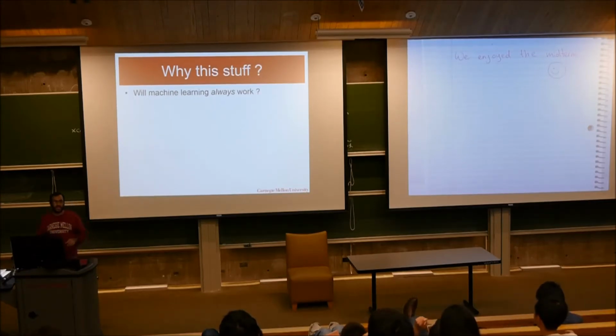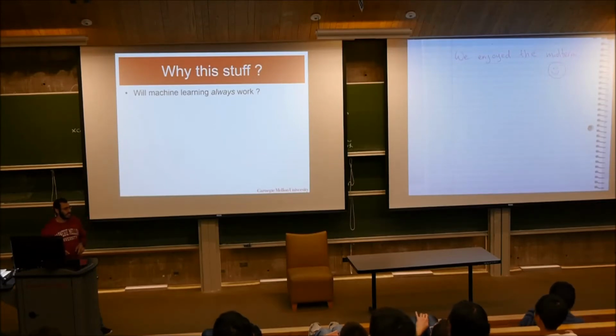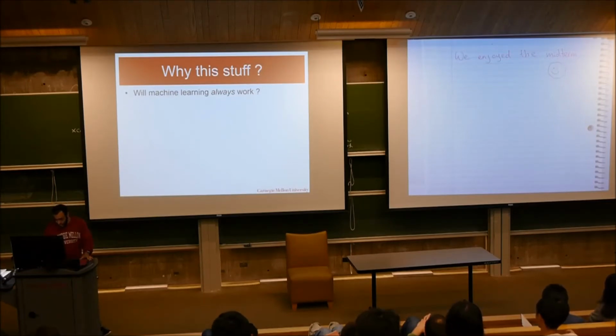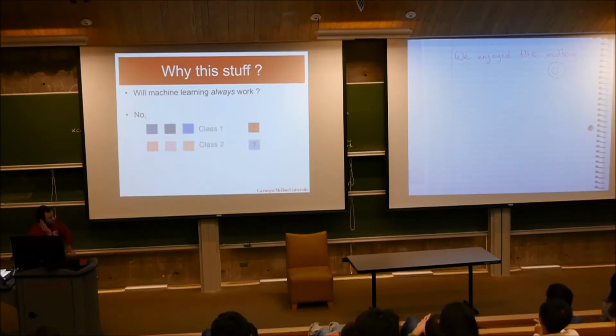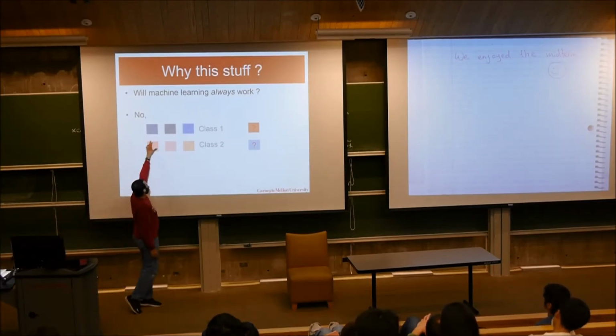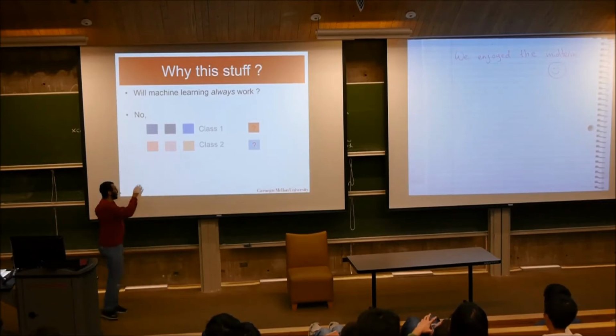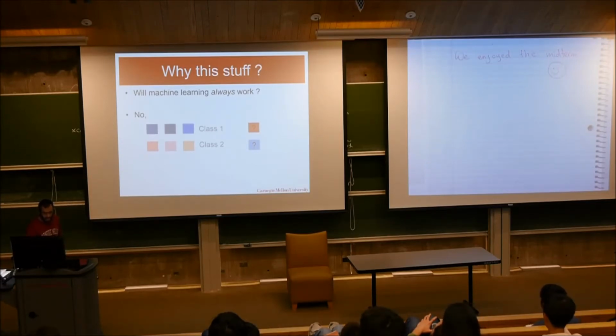But will machine learning always work? If I give you any data set with any labeling scheme, will you be able to learn the labeling scheme from the data set? And the answer is no. So this is an example. These squares belong to class 1, the lower ones belong to class 2, and I give you two other squares and ask you to classify them.